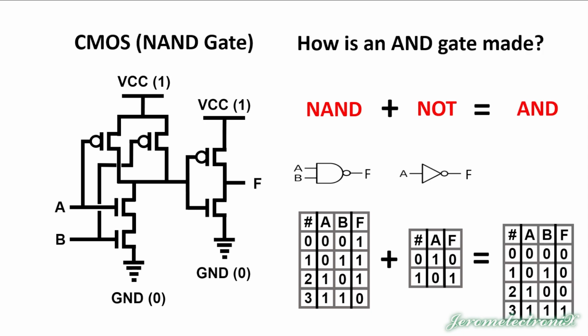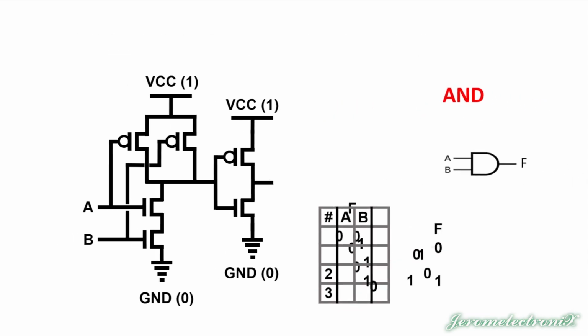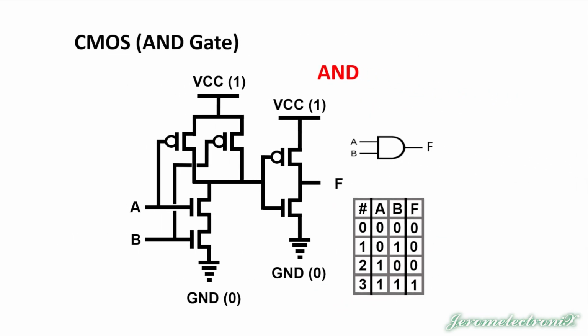NAND with a NOT means AND. NAND combined with a NOT, well, that pops the double bubble, and that gives us an AND gate. So this is a CMOS AND gate. A NAND with an inverter on the outside, in this case, on the right side.